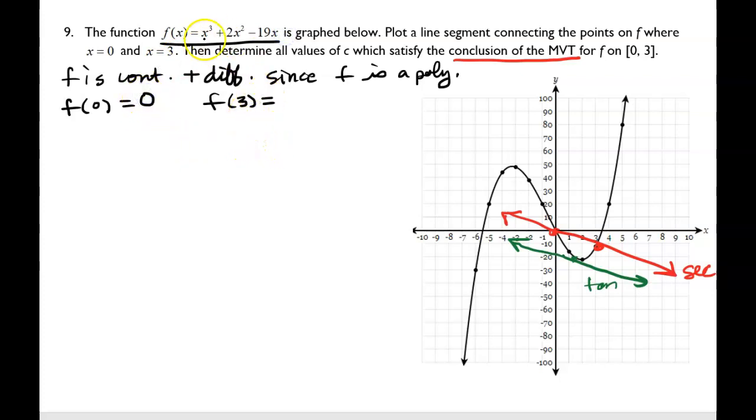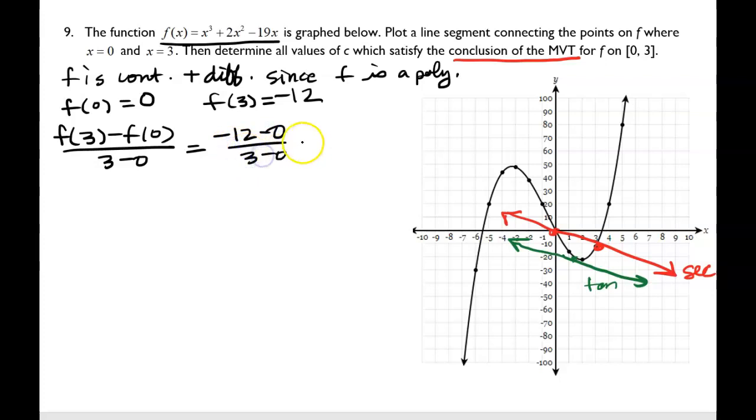If I plug in 3, so 3 cubed plus 2 times 3 squared minus 19 times 3, I get -12. So let's go ahead and calculate our average rate of change. F of 3 minus f of 0 over 3 minus 0 is -12 minus 0 over 3 minus 0, and so I get -4.